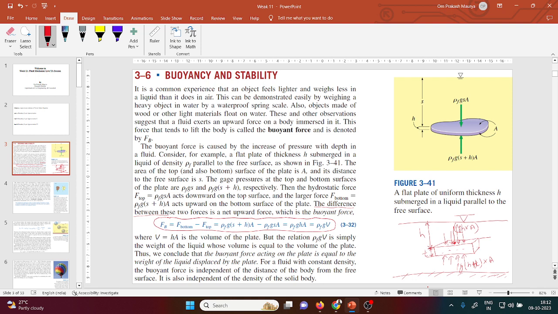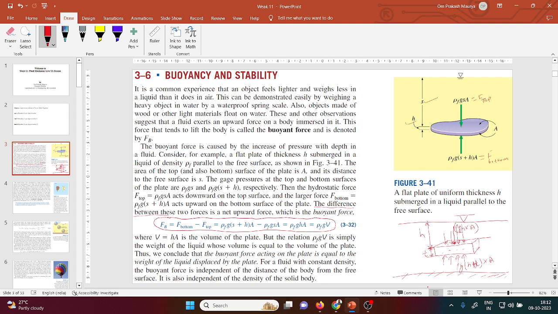Here, in place of h taken in the figure, I have taken S, and in place of t, here it is taken as S. So what is written here is the bottom force, and this is the top force.